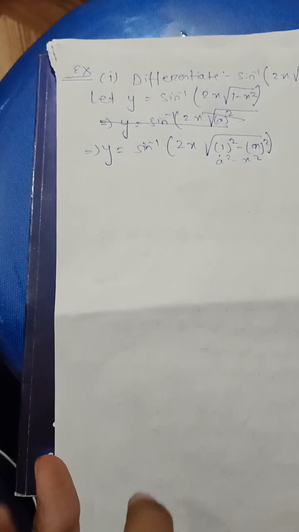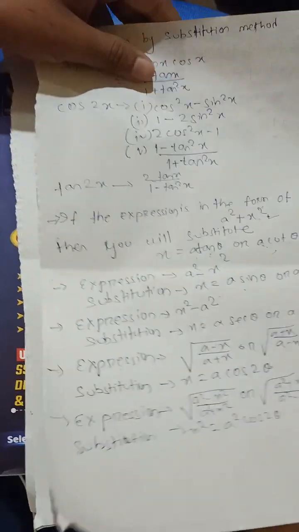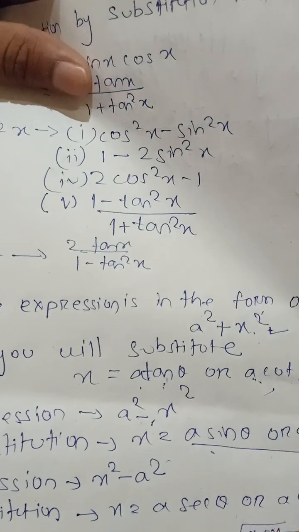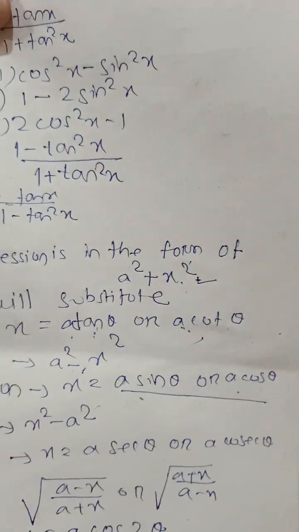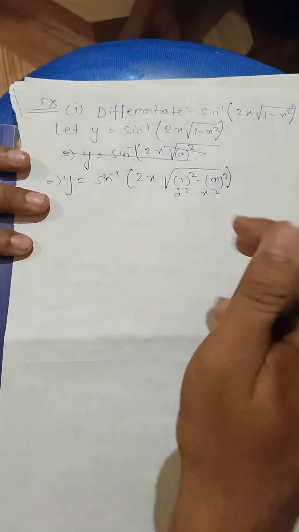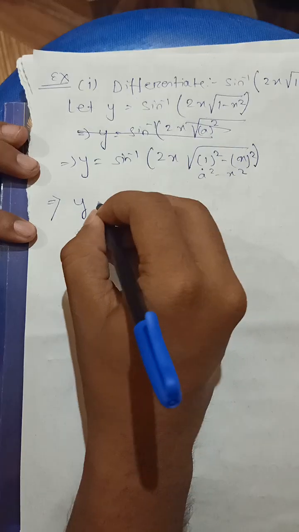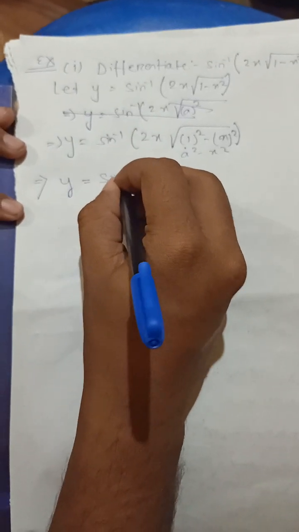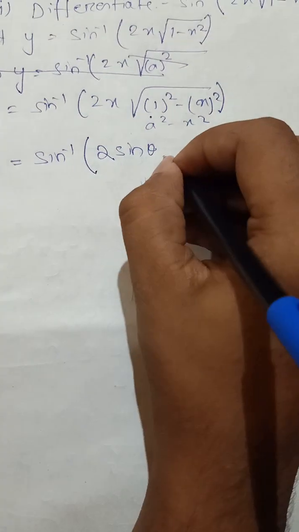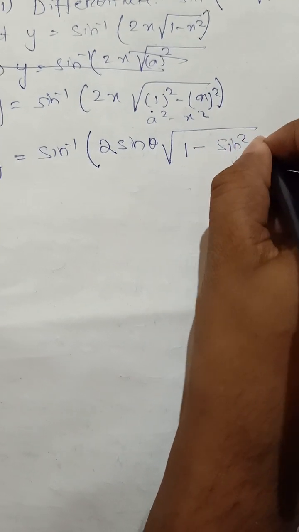If the question is in the form of a square minus x square, what I have told you is to substitute a sin theta or a cos theta; any one you can substitute. Let me substitute x equals sin theta. Okay. Y equals sine inverse of 2 sin theta root of 1 minus sin square theta.